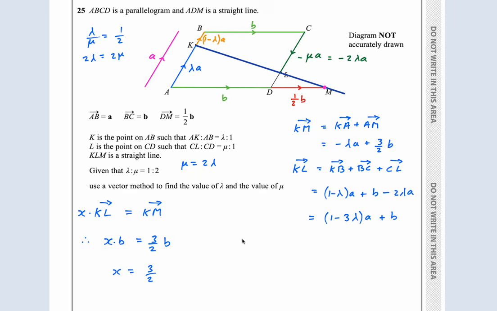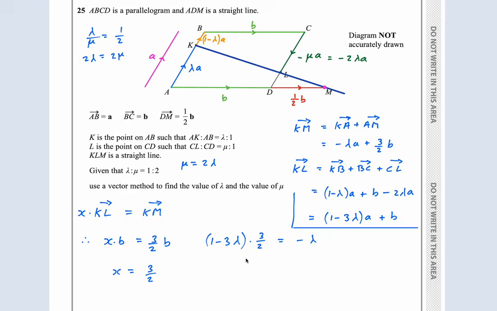That means 1 minus 3 lambda times 3 over 2, the A component, has to give me minus lambda. Let me do that to clarify. This times the 3 over 2 has to give me this minus lambda.